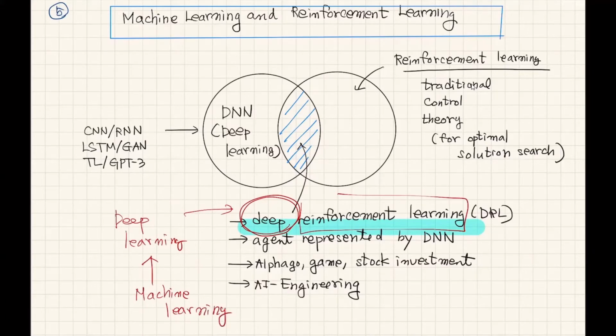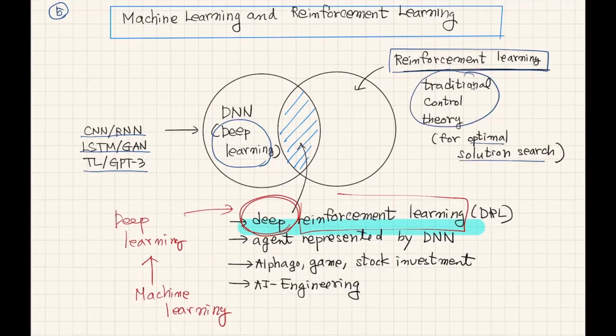In the previous classes, we were talking about CNN, RNN, LSTM, GAN, and transformer learning in GPT-3. Those are the deep learning models. Now we have a different algorithm called reinforcement learning, which is a very traditional control theory approach to searching for an optimal solution. And by combining these, I would like to introduce deep reinforcement learning.